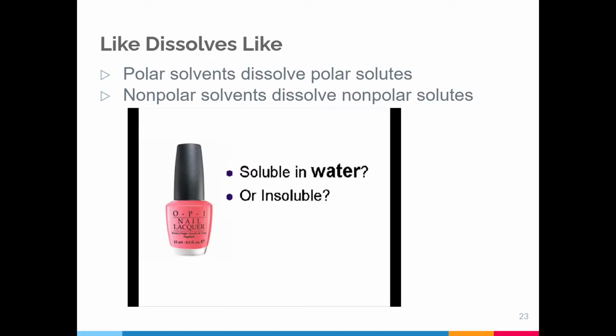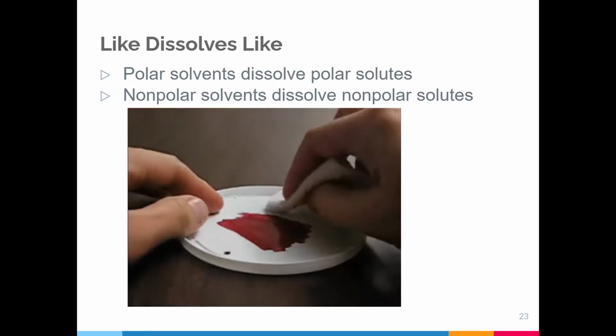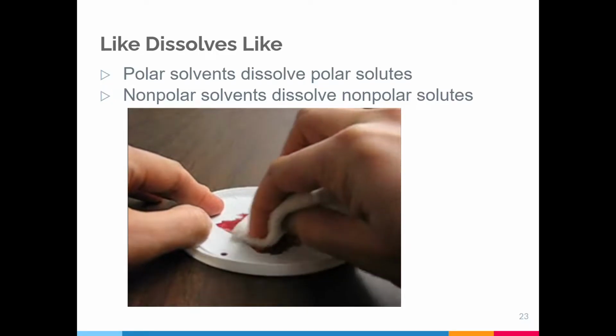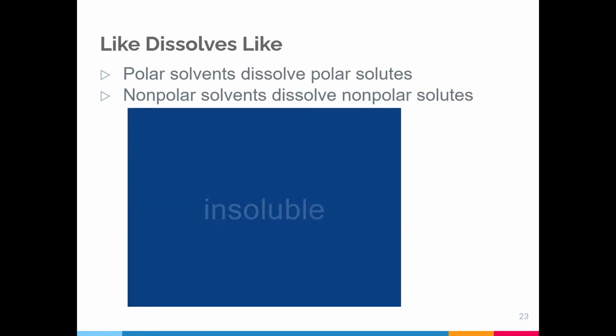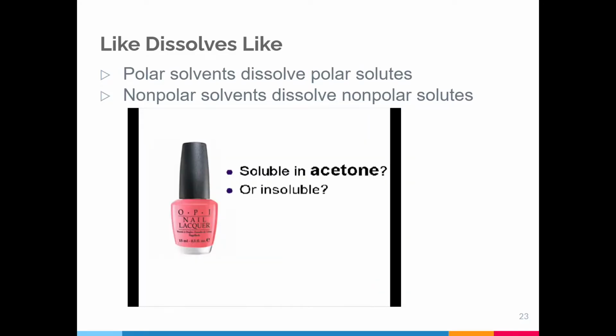Another example is nail polish. Is it soluble in water? As we can see, it is not soluble. However, nail polish is soluble in acetone, nail polish remover.